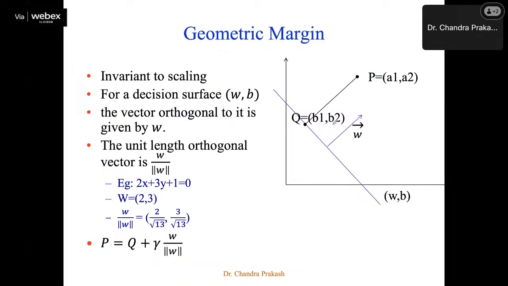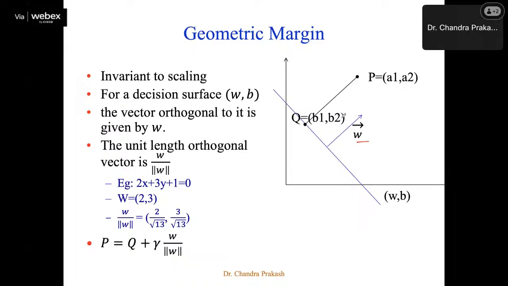And this geometrical margin is invariant to scaling, right? For a decision surface, W over here and B, this is a vector, right? And let's say I'm having two points P and Q. P point is having A1 and A2, and my Q point is B1 and B2.